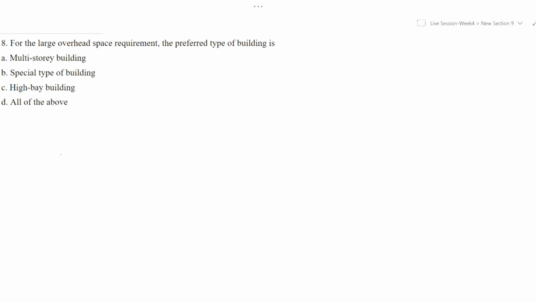In the case of high bay building, it is a single story structure, but a very long roof is available, for example approximately 10 to 12 meters, and it provides very high overhead space for the use of facilities such as cranes and overhead facilities. It also provides good ventilation and natural lighting. So when heavy structures need to be moved or used in the building, a lot of overhead space is needed for efficient material handling.